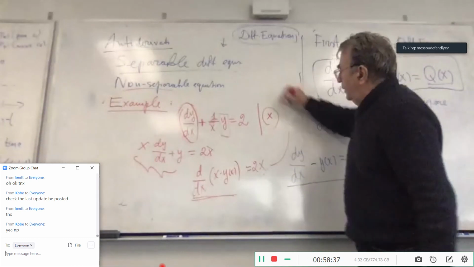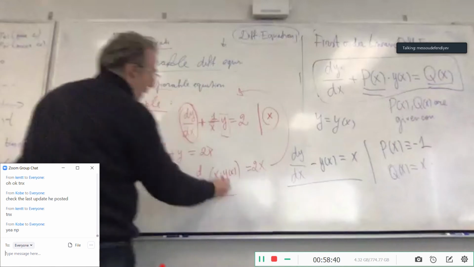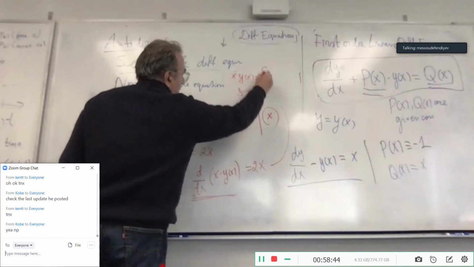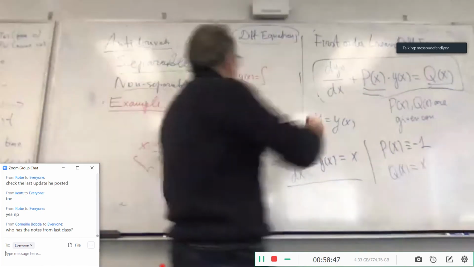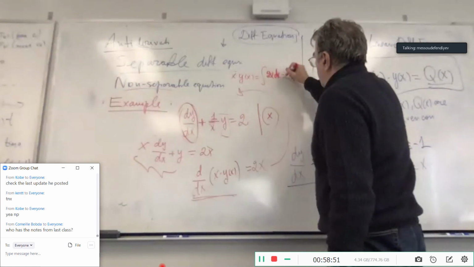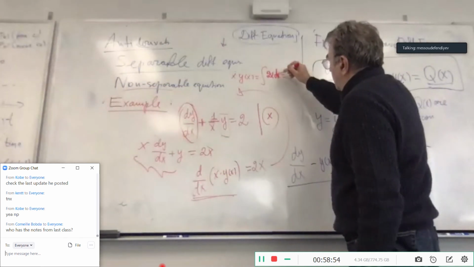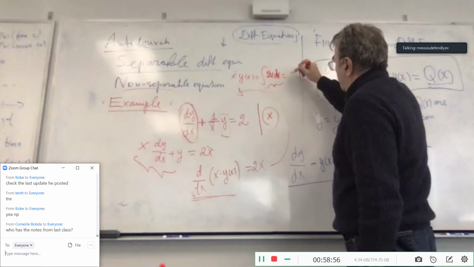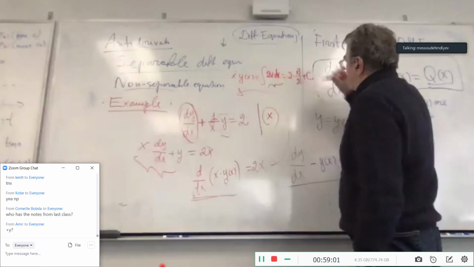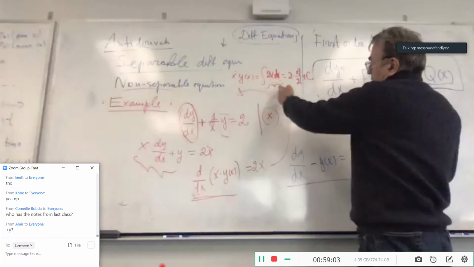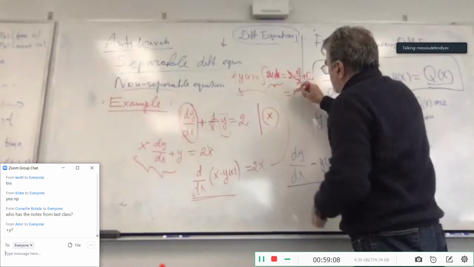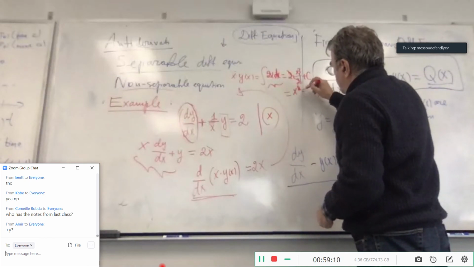From here, it follows that x times y of x is equal to the integral of the right-hand side, the integral of 2x dx, which is 2 times x squared over 2 plus a constant. The 2 and 2 cancel, and the right-hand side will be x squared plus c.